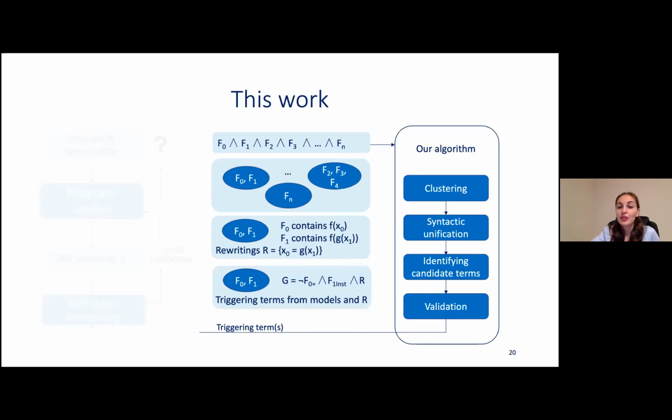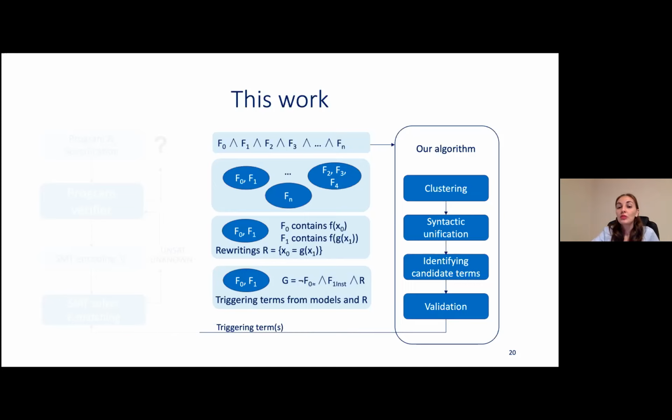Afterwards, we generate the formula G, which characterizes the cluster. In this case, G represents the scenario in which f0 contradicts f1. And we also add the rewritings that we have identified such that the formulas are tightly connected. You can find more details in the paper on how we actually obtain this G formula, but the high-level idea is that we try to make G always quantifier-free.